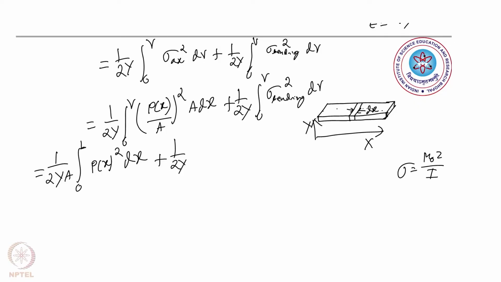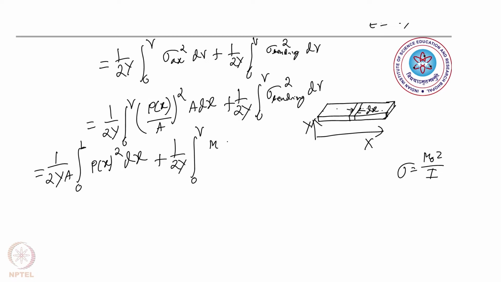Here in the y direction, let us say if we take a point where the layer is at a distance small y from the neutral axis, then we can write 1 by 2Y, this capital Y is the Young's modulus, and then 0 to V. This sigma is M0 z by I. So M0 is here our general M, or the moment at any point x.